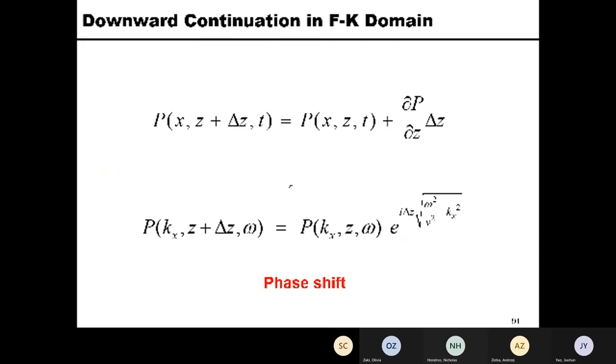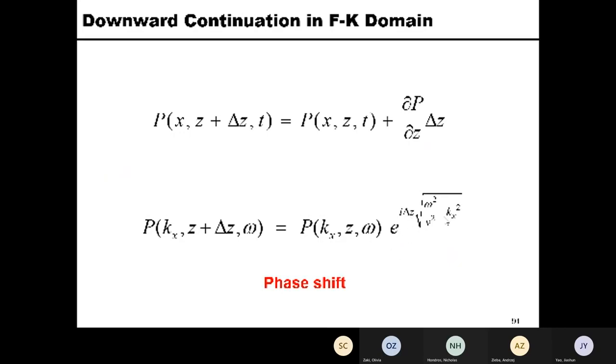So in the downward continuation, if you recall, downward continuation is the finite difference of the fourth order derivative. So x, z, t. Now after Fourier transform, x becomes kx, t becomes omega. On the right hand side, this shifting operator becomes phase only.